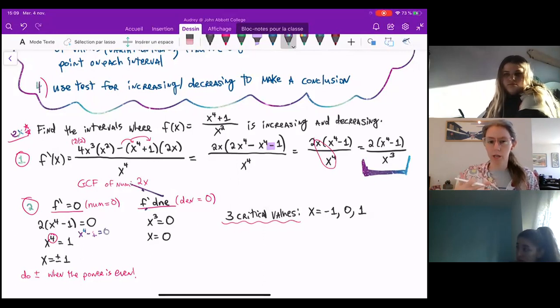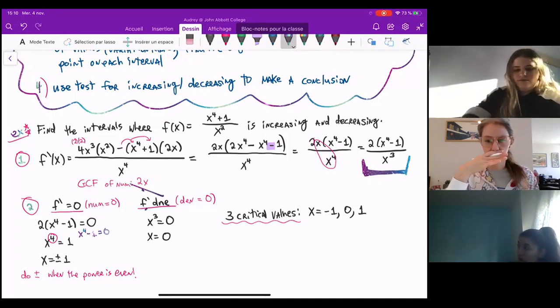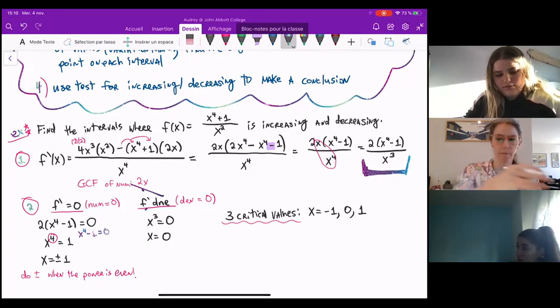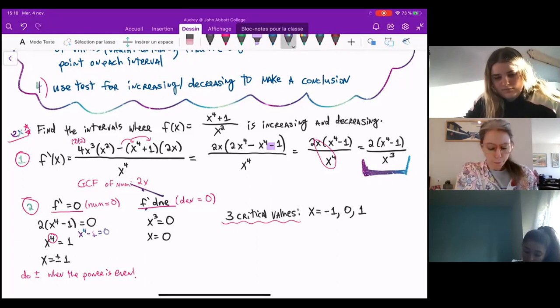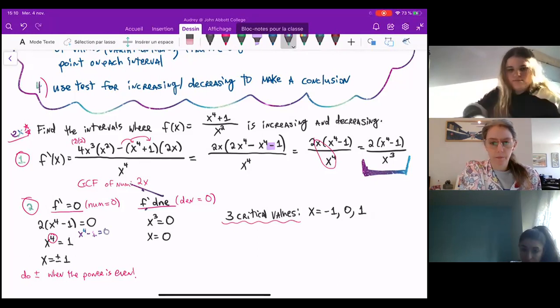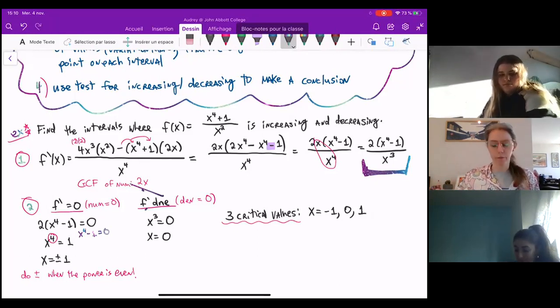So I'm really only looking at the derivative. Does that make sense, Gwen? So really, we're only just looking at the final version of the derivative.